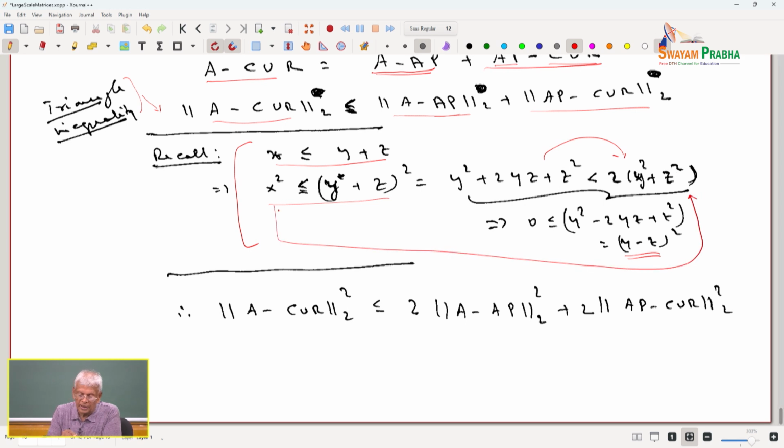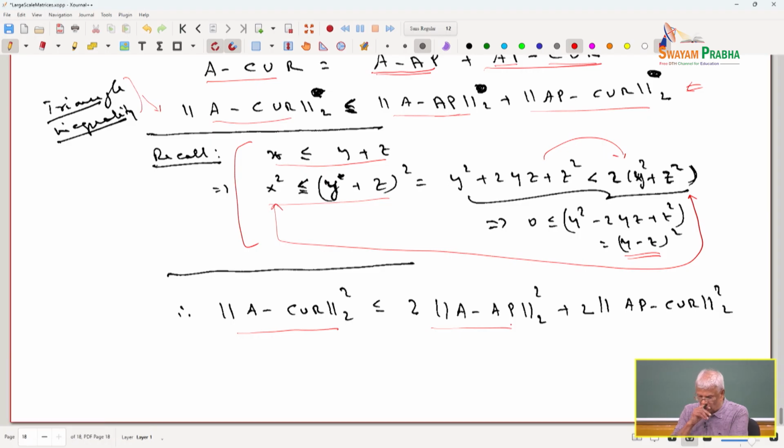We are trying to connect this. We are going to apply this inequality to this relation, and that essentially gives you the 2 norm of the error in replacing A by CUR is less than 2 times the square of the 2 norm of A minus AP, plus 2 times the square of the 2 norm of AP minus CUR.